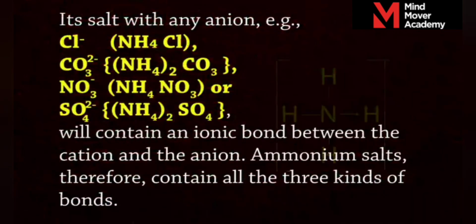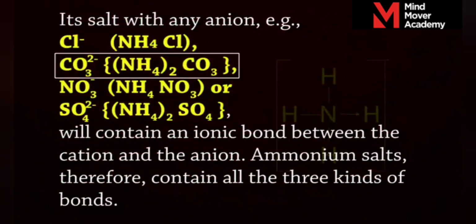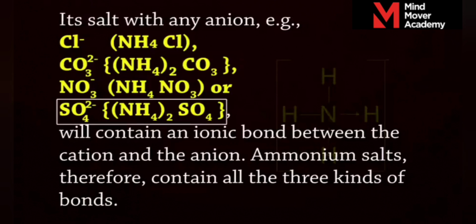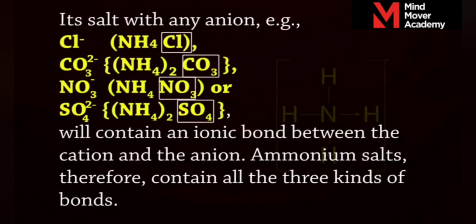But its salt with any anion, for example Cl-, CO3 2-, NO3-, or SO4 2-, will contain an ionic bond between the cation and the anion. Ammonium salts, therefore, contain all 3 kinds of bonds.